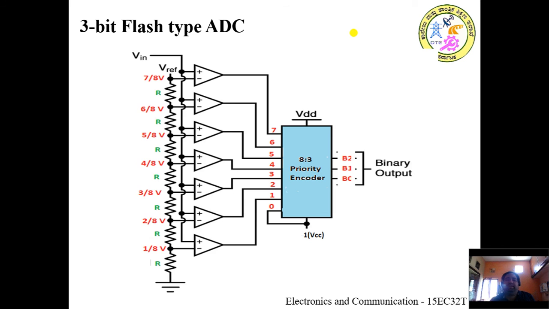Now, if you consider a 3-bit flash type of ADC, the working principle is very similar to that of 2-bit flash type of ADC.